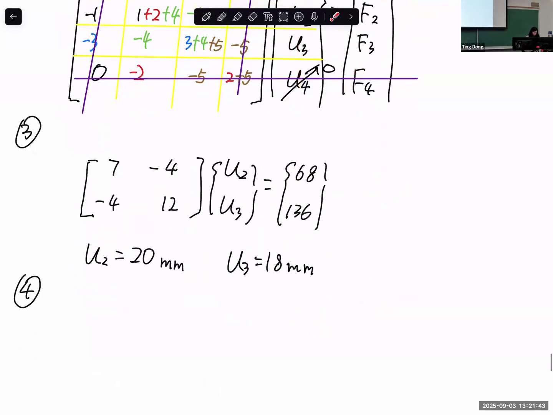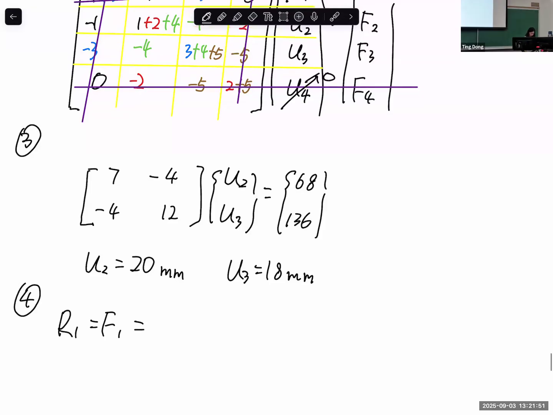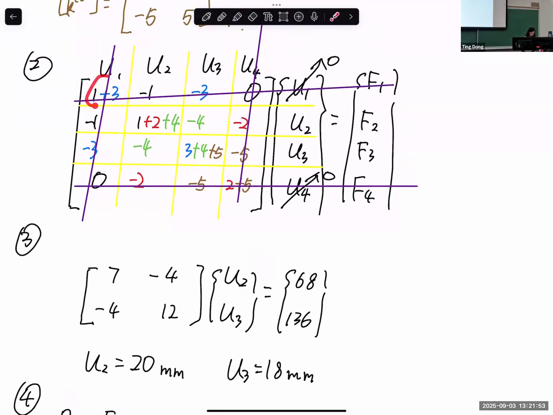So R1 equals F1 equals, again, this one times 0, this one times 0, these two terms don't matter. So we have -1 times U2, -3 times U3 equal to F1.